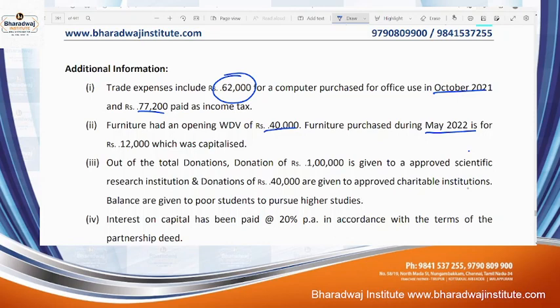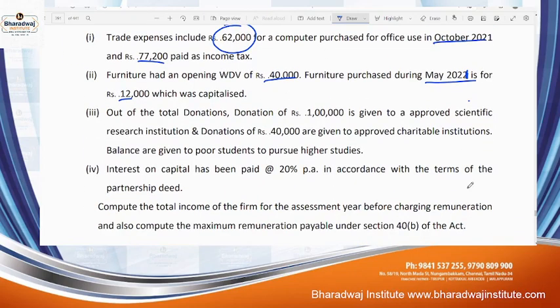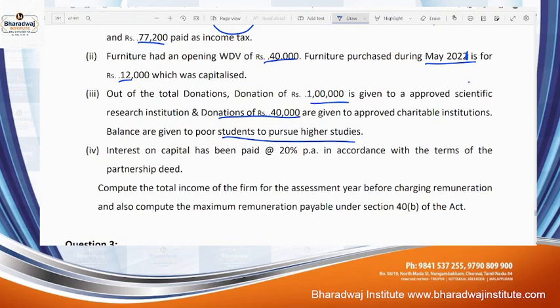Furniture purchased in May 2021 for 12,000 was actually to be capitalized. Of the donation, 1 lakh is given to an approved scientific research institution, 40,000 to an approved charitable institution, and the balance to poor students. Interest on capital has been taken at 20%.